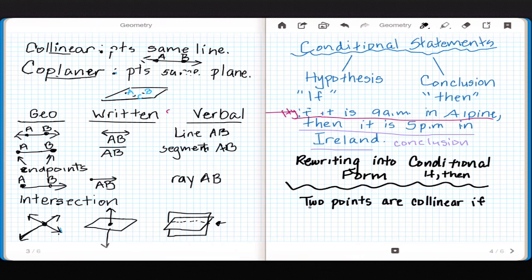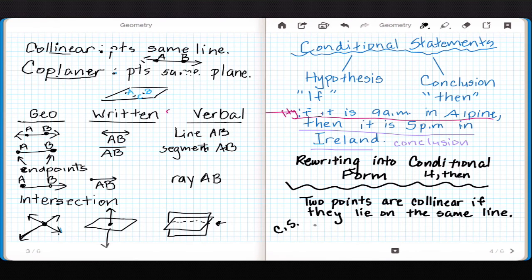If they lie on the same line. Okay, let's change that. That's just a regular statement. Let's change it into a conditional statement. So I need an if and a then.